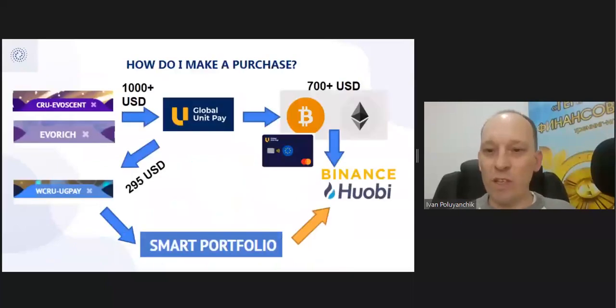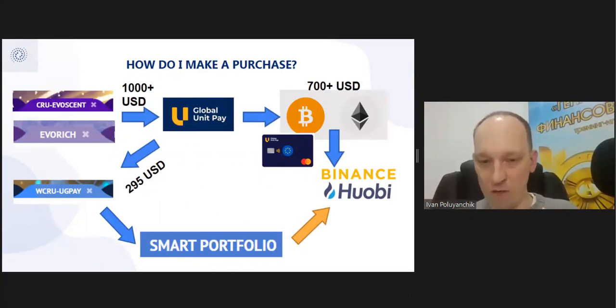Don't miss out. And how do I buy if I already earned some money in the CRU back office or Everidge back office? You may withdraw this money to Global Unit Pay, and through Global Unit Pay we have a card or Bitcoin, Ethereum.